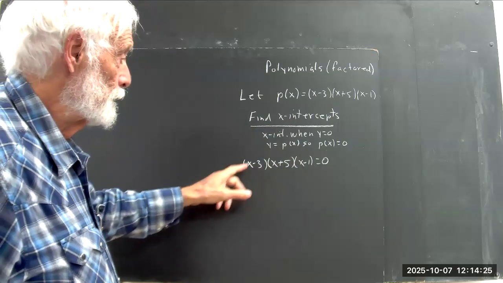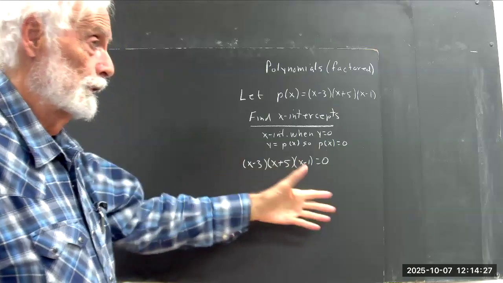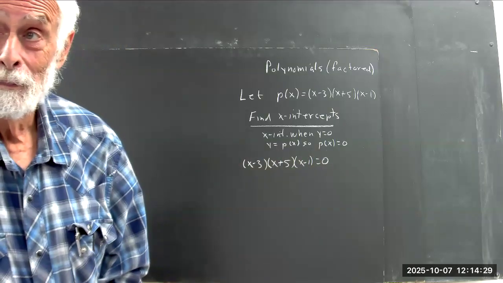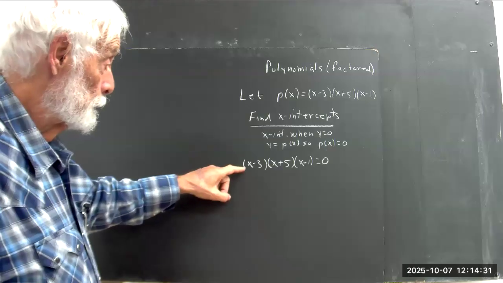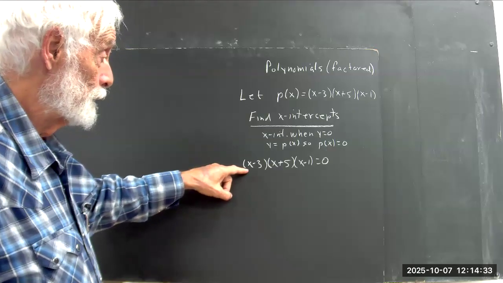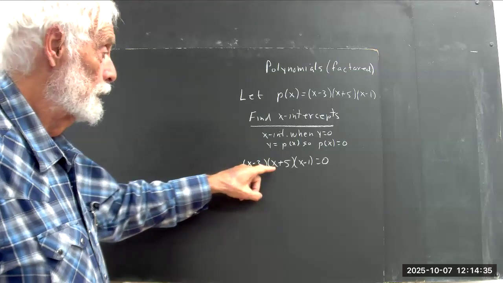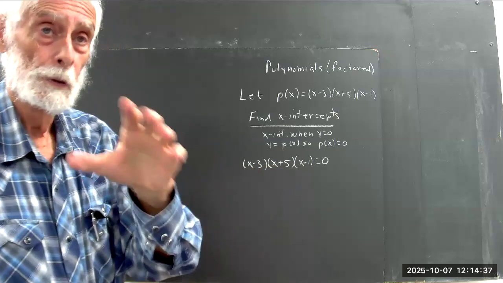Well, we can't replace all the x's with different numbers. But what do we get if we replace all the x's by 0? Write it out.